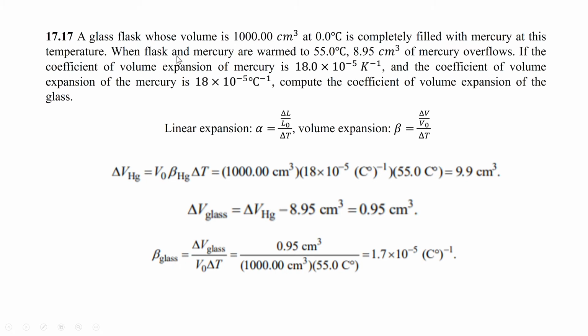And when the flask and the mercury were warmed to 55 degrees Celsius, we find that some mercury overflows, and the volume of the overflowed mercury is 8.95 cubic centimeters.